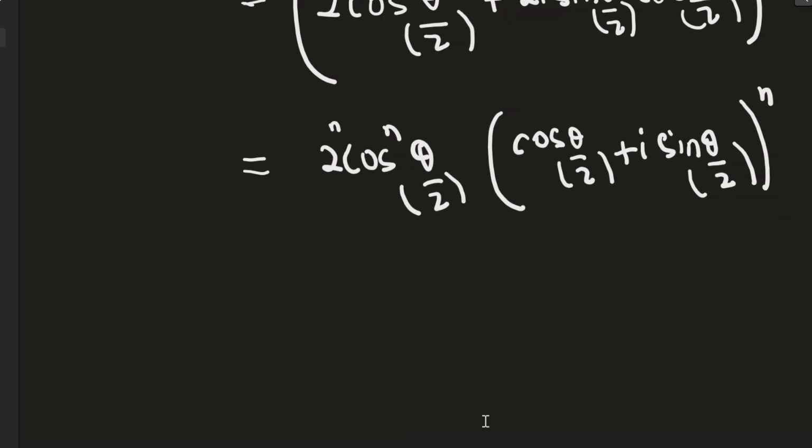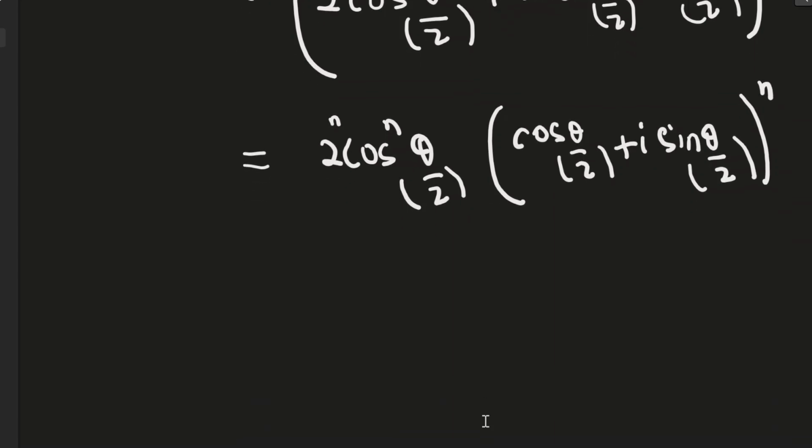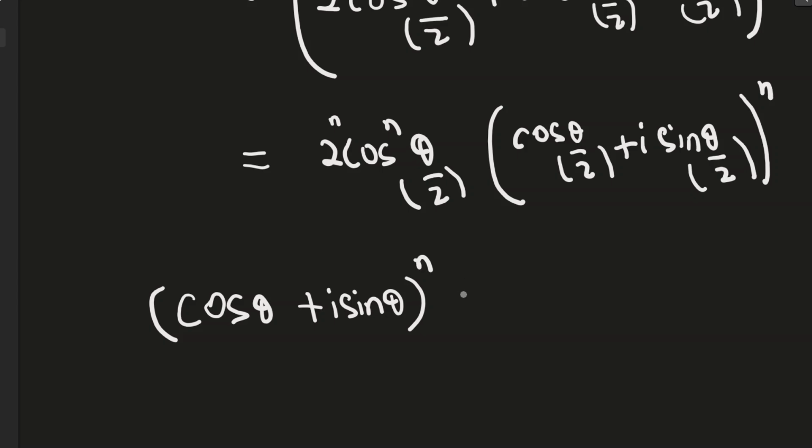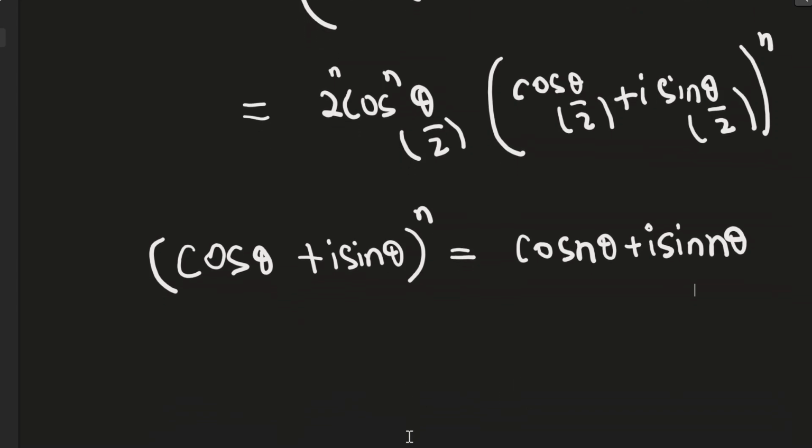Now what we're going to be using is de Moivre's theorem, which states that cos theta plus iota sin theta whole to the power n can be written as cos n theta plus iota sin n theta, a very basic property or a theorem actually.